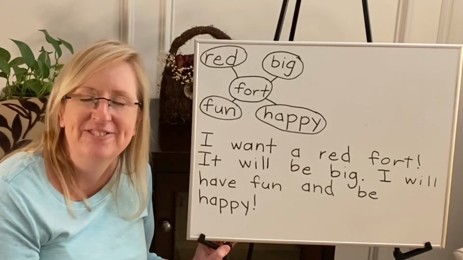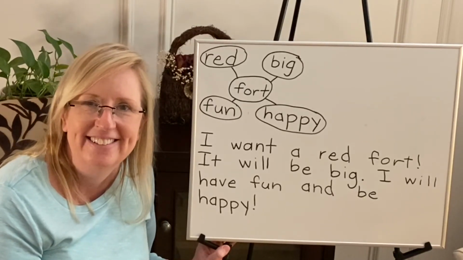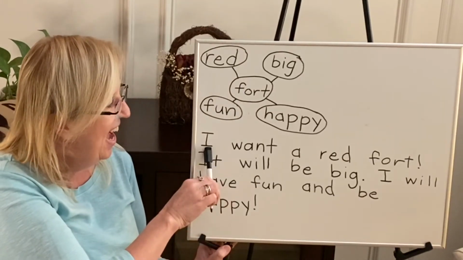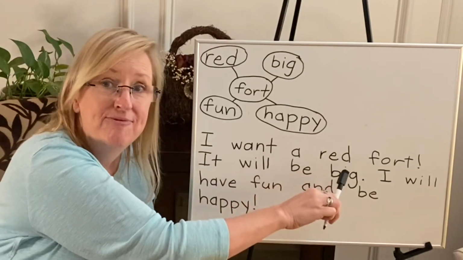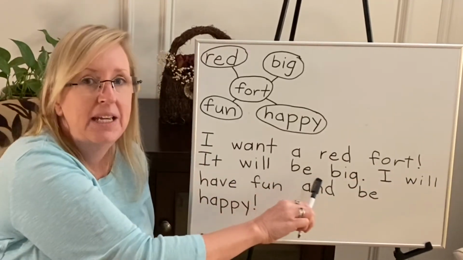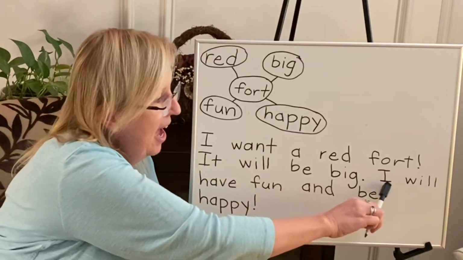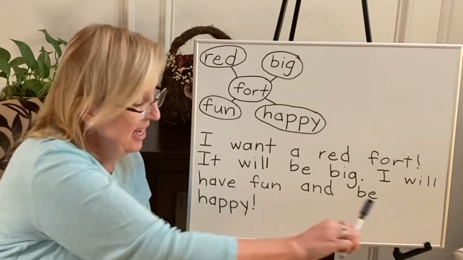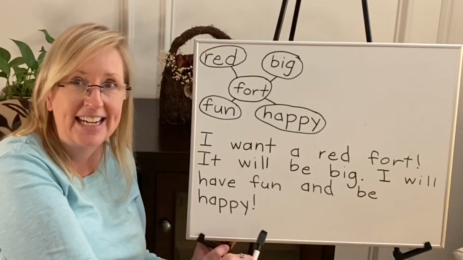Are you ready to read my whole writing with me? Thank you very much. I want a red fort. It will be big. I will have fun and be happy.